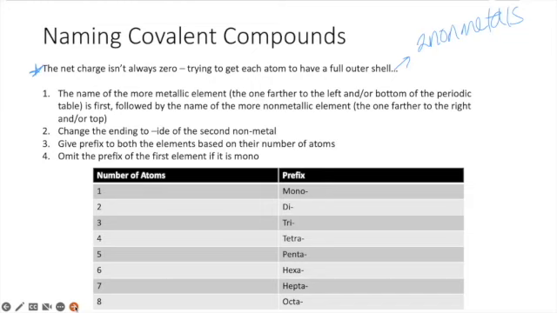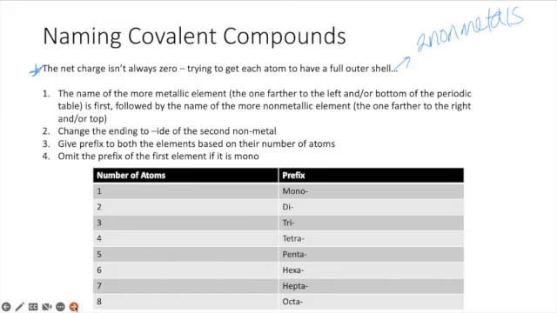Here are the rules. The name of the more metallic element, which is the one that's closer to the left, is first, followed by the name of the more nonmetallic element, which is going to be closer to the right, which comes second.